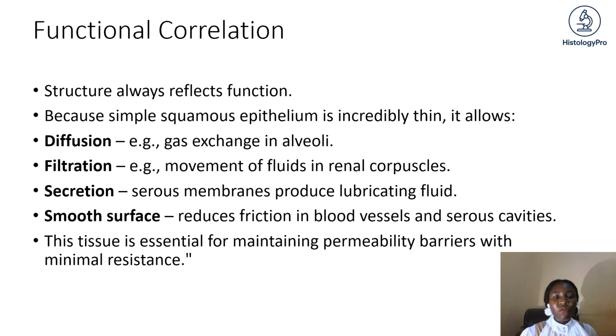Now let's go to the functional correlation of simple squamous epithelium. Remember, structure always reflects function. Because simple squamous epithelium is very thin, it allows diffusion, filtration, secretion, and a smooth surface. This tissue is essential for maintaining permeability barriers with minimal resistance.